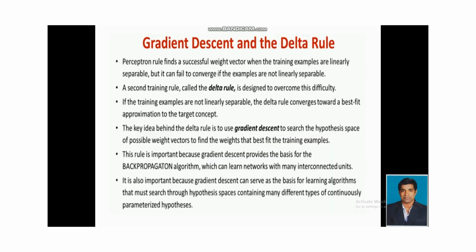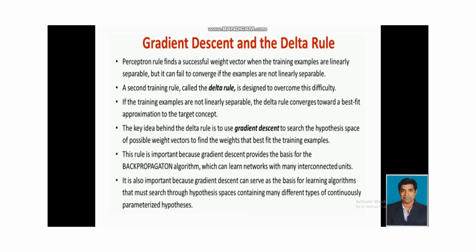Gradient descent and the delta rule. The perceptron rule finds a successful weight vector when the training examples are linearly separable, but it can fail to converge if the examples are not linearly separable. A second training rule, called the delta rule, is designed to overcome this difficulty.